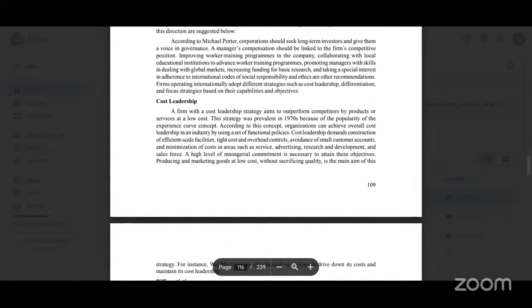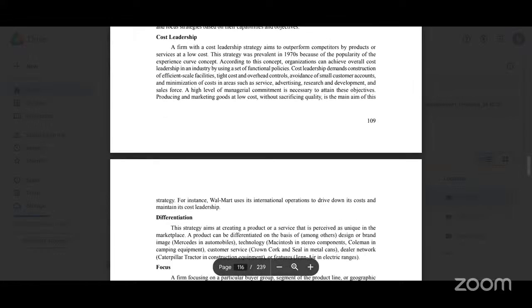So, what is this cost leadership? A cost leadership, as the very name indicates, aims to outperform competitors by offering products or services at a lower cost. This was a strategy which was very, very prevalent in 1970s because of the experience curve concept. So, according to this concept, organizations can achieve overall cost leadership in an industry by using a set of functional policies.